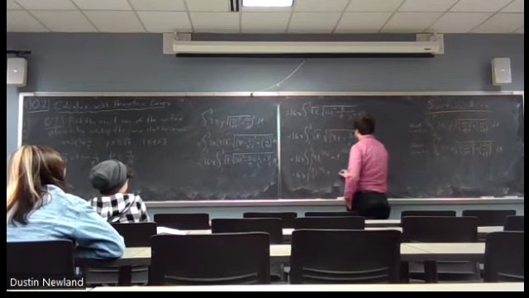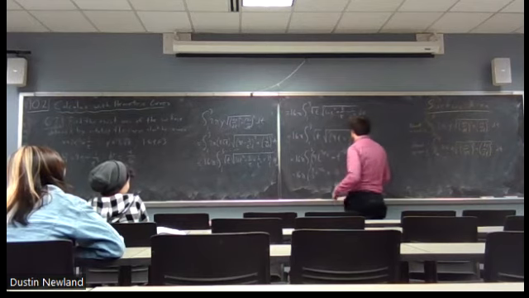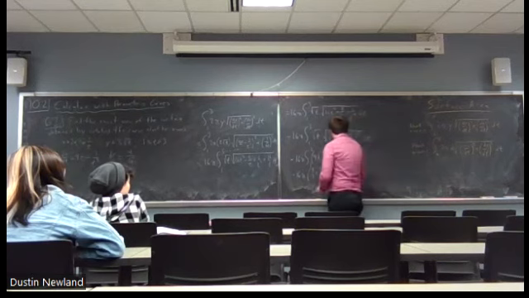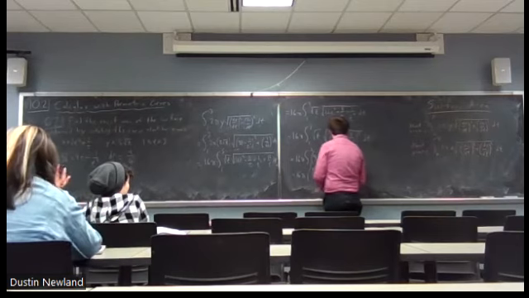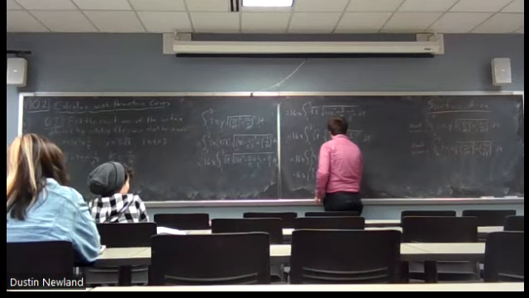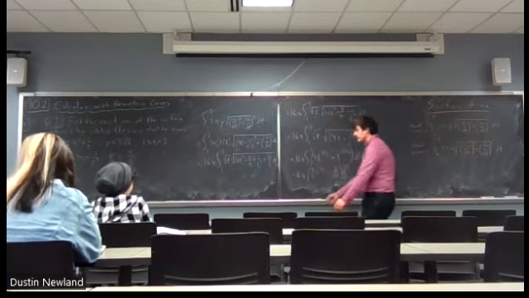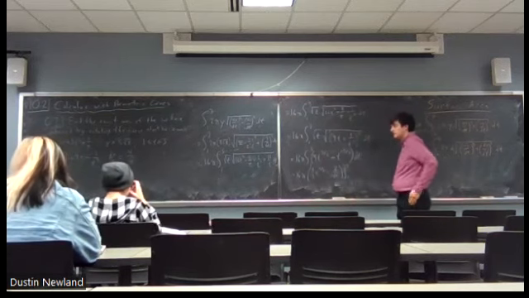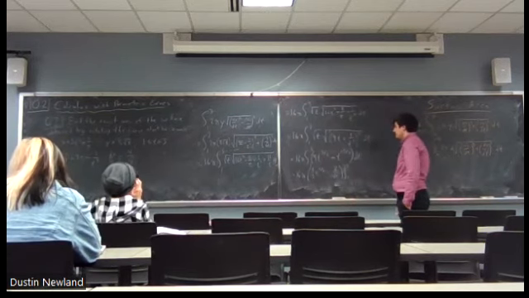It's t to the negative 1/2 over negative 1/2. So I'll write that as -2 t to the negative 1/2, or -2 over root t. And we're going to evaluate this from 1 to 3. Just plug in and get our answer from there.